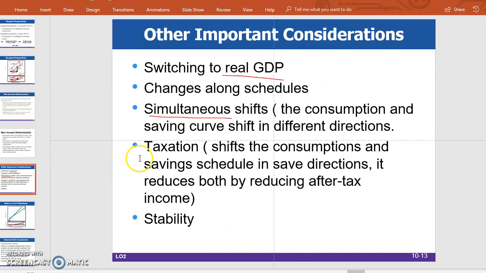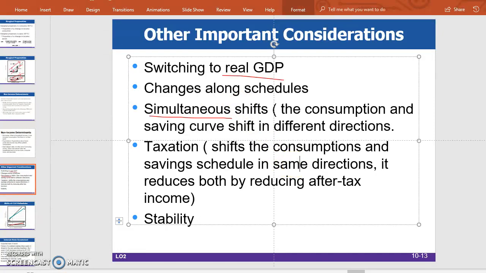Now, what about taxation? Taxation is important. If there is taxation, then what will happen? If there is taxation, shifts in the consumption and saving schedules are in the same direction, right? Not same, this is a typo. So if there is tax, or tax increases, people will have less disposable income.